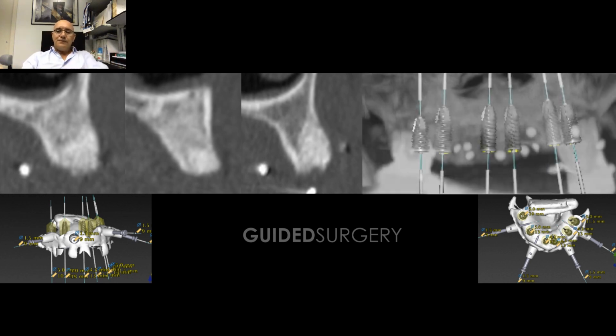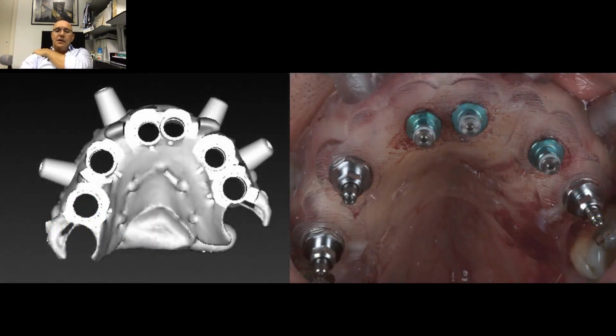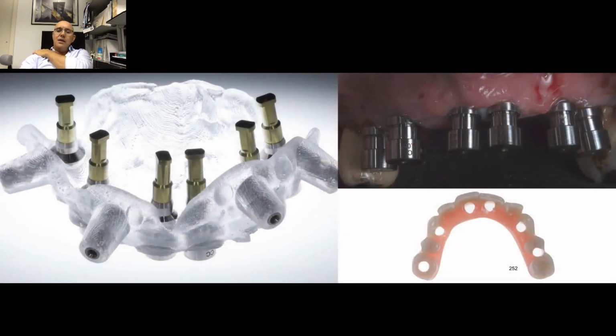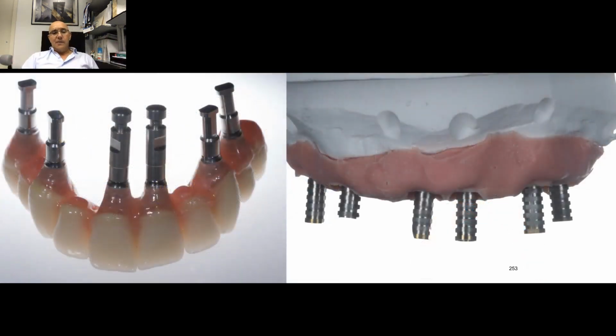So basically, we planned for 6, all on 6, and you can see that we put our implants flawlessly, very easily. The patient did not feel any pain. At the end of the procedure, we already had the temporaries ready for him, and the ISQ was fantastic because we used 5 millimeter wide implants, and you can see also prosthetically how parallel, how well the disposition of the implants is, amazing.